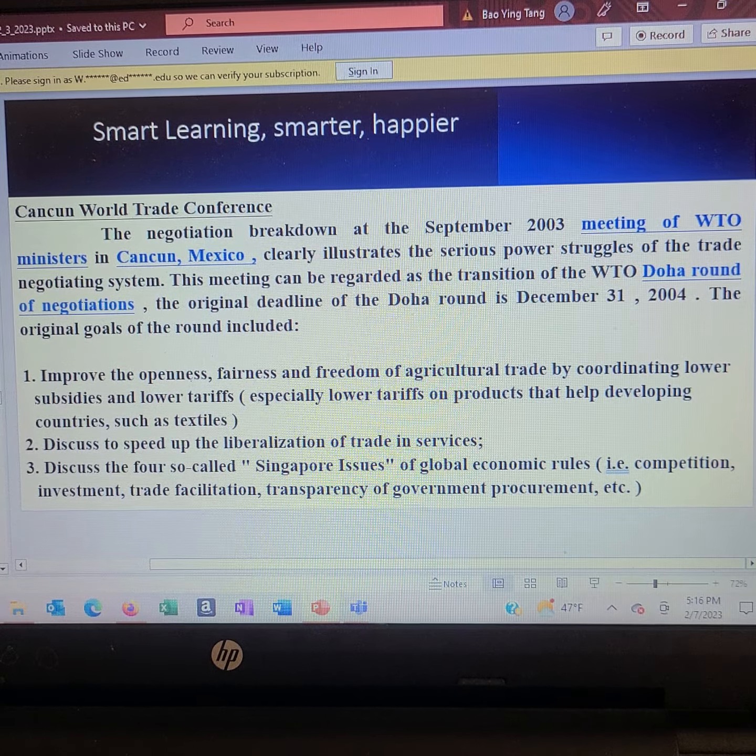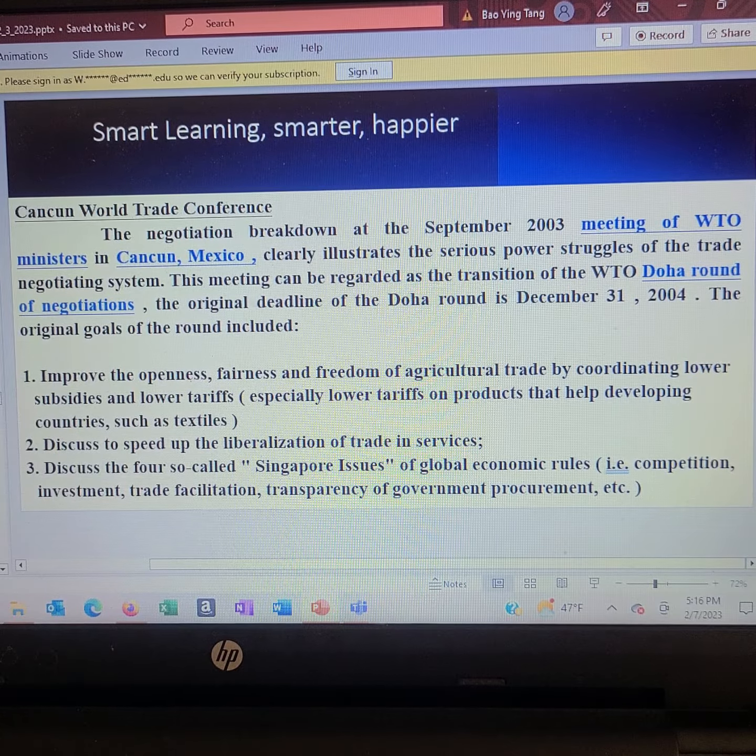The original goals of the round include: first, improve the openness, fairness, and freedom of agricultural trade by coordinating lower subsidies and lower tariffs, especially lower tariffs on products that help developing countries, such as textiles.